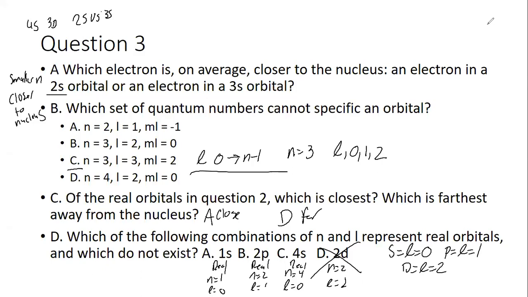For D, can you just look at the periodic table? If you know how to read the periodic table to get quantum numbers, you can. The periodic tables I provide on the test don't have that. But yeah, you can definitely do that if you know how to read it to get that information, which I'll cover in a week or so.